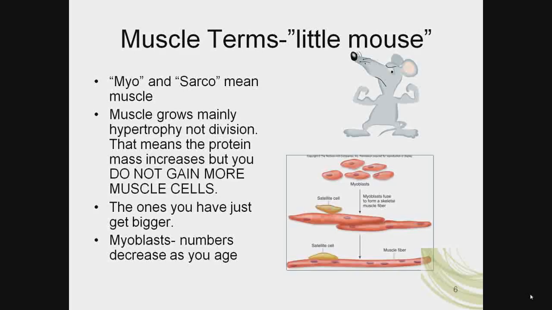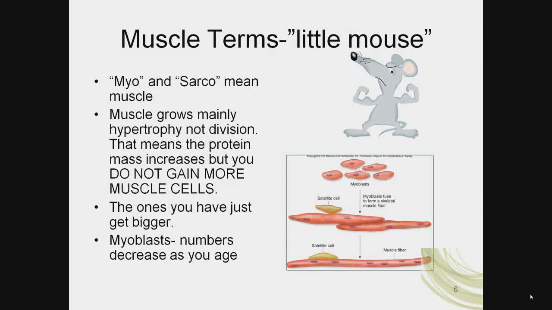So muscle terms. We need to talk about prefixes and where it applies, suffixes. So if you see the prefix myo or sarco, you should be thinking muscle. And I can combine myo and sarco with different suffixes. For example, sarcolemma.